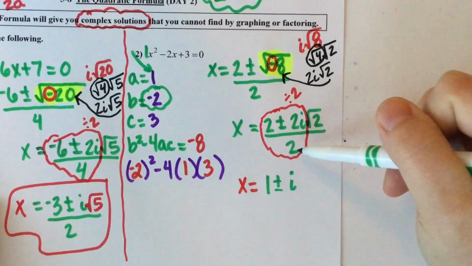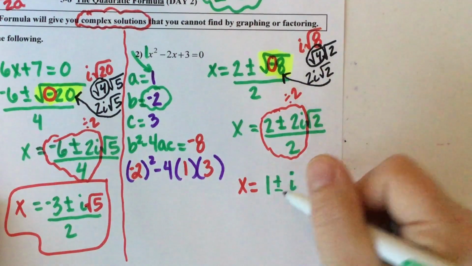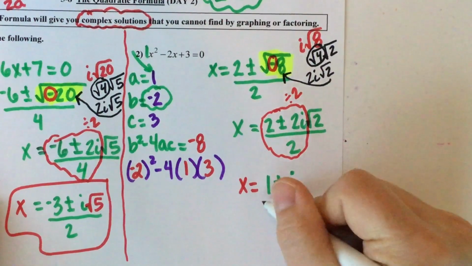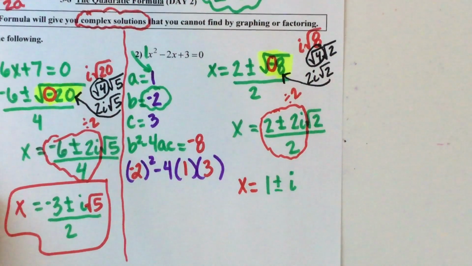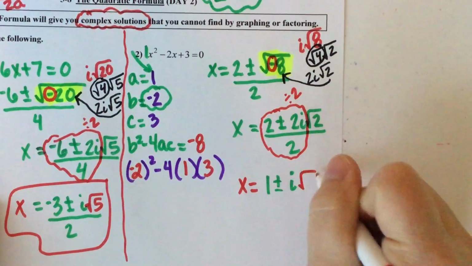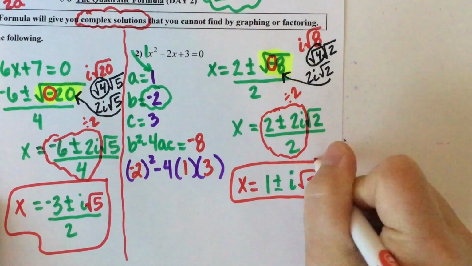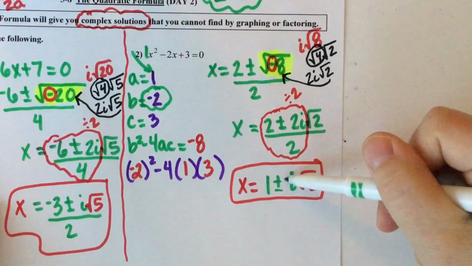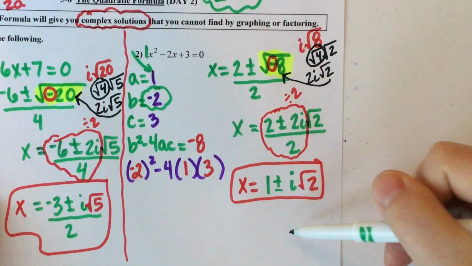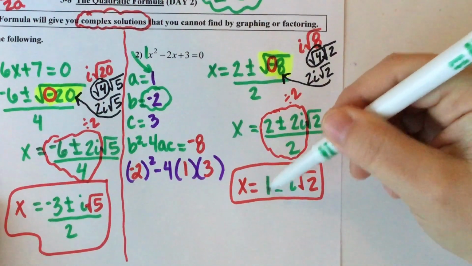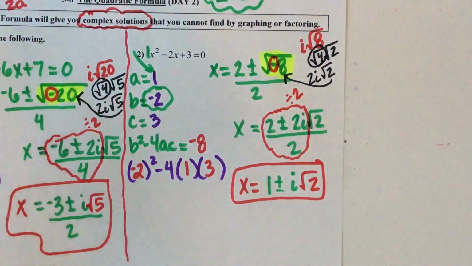And then in the denominator, 2 divided by 2 is 1. Now I don't have to put a 1 in the denominator because there's always understood to be a 1 in the denominator. And then the square root of 2, recopy it. So let's talk about the 1s. You don't have to write 1s if there's something behind it, and you don't have to put 1s in the denominator. But this 1 that's in front, you have to put that 1 because there was nothing else there.